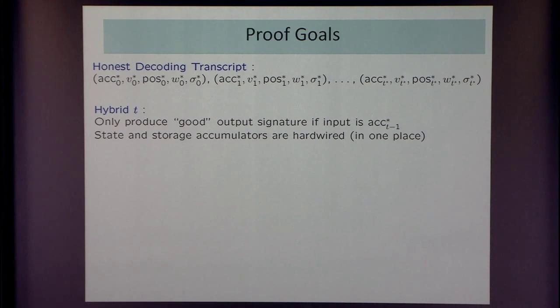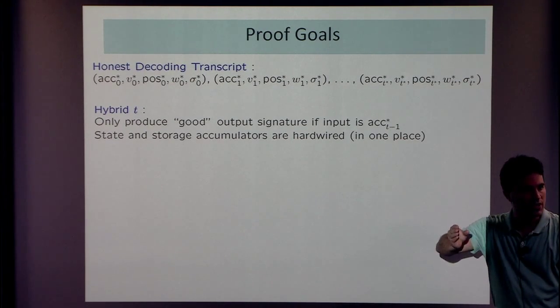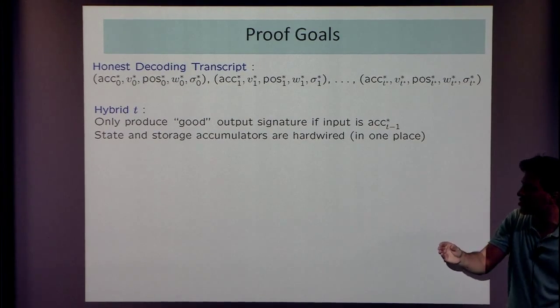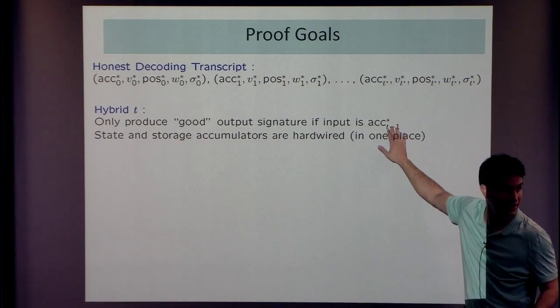Now, the point is I want to do a hybrid to anchor it to the final result, so you can only learn the message if m of x is equal to 1. So at hybrid t, we want to hardwire things such that at time step t, we only output a good signature, let's just say signature for now, if the correct accumulator value star is put in here.